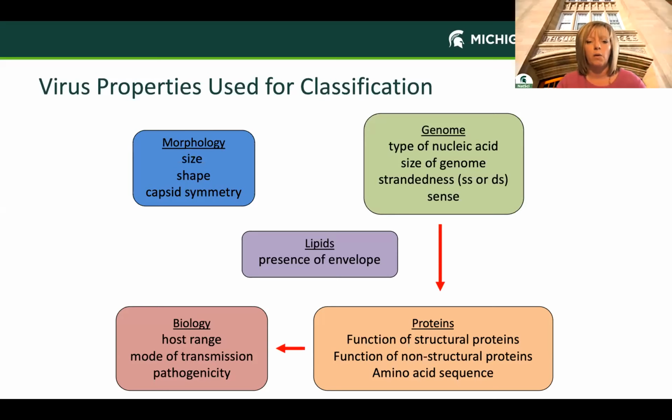We can figure out what the proteins will be, and therefore how the biology of the virus is determined. We can think about how the structure of those proteins confers the shape of the virus particle. So those are the types of things we use to classify viruses.